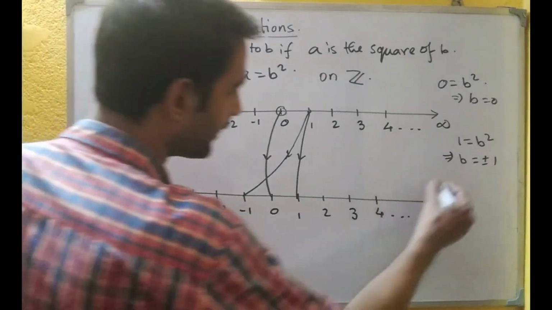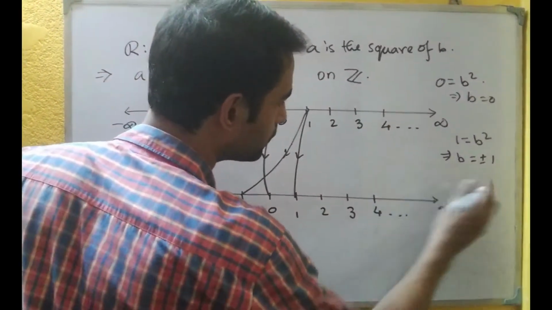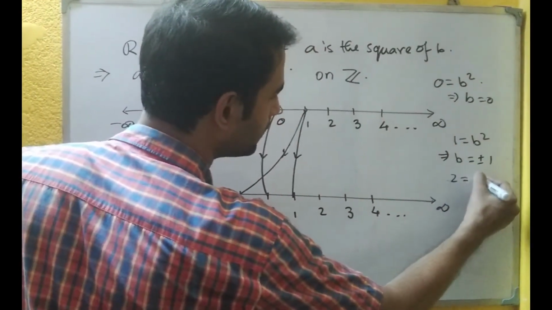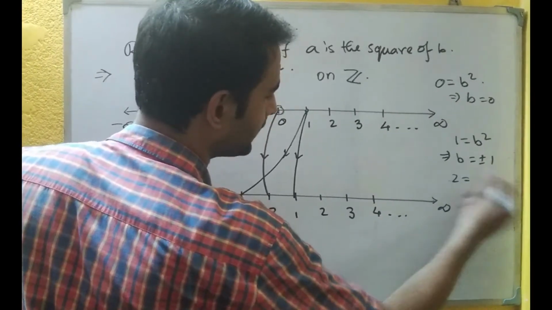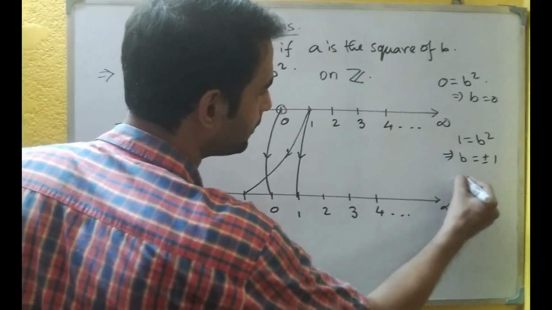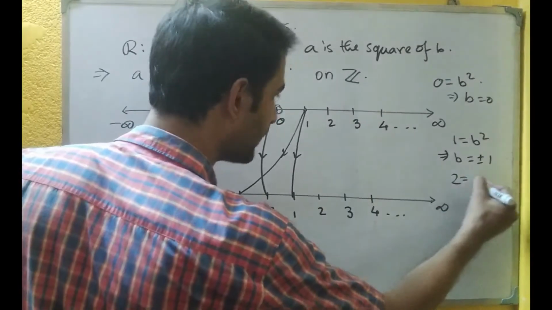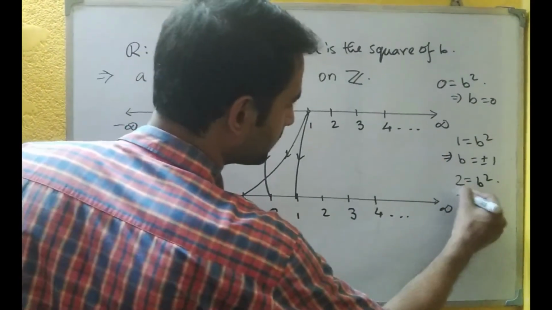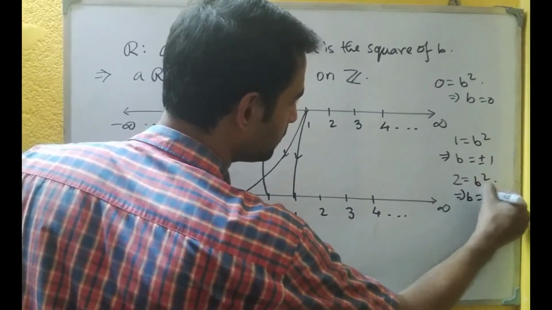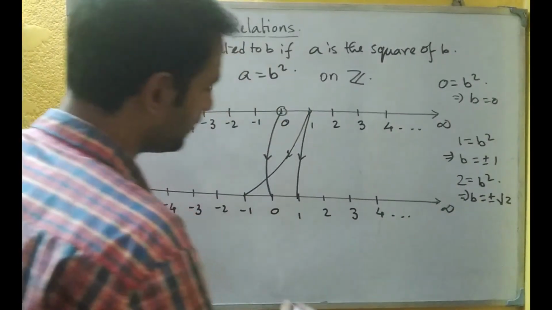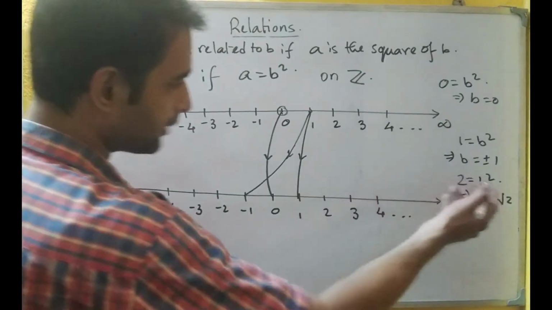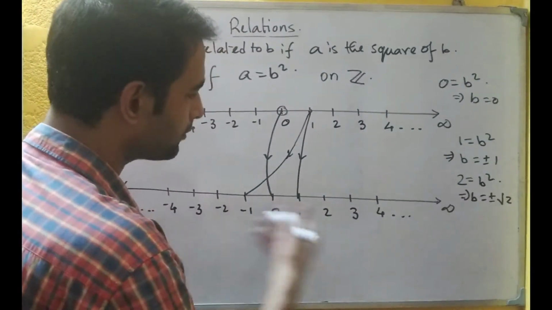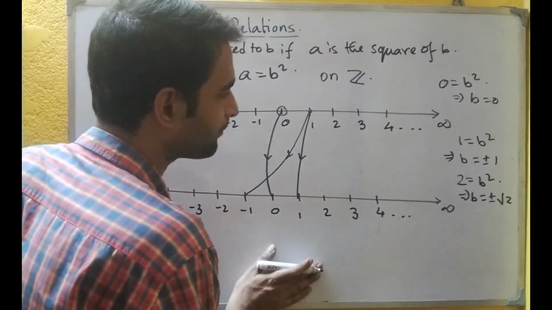In the similar manner, if you take A as 2, then 2 is equal to B square. That means B is equal to plus minus root 2, and root 2 is nowhere in the set of integers.